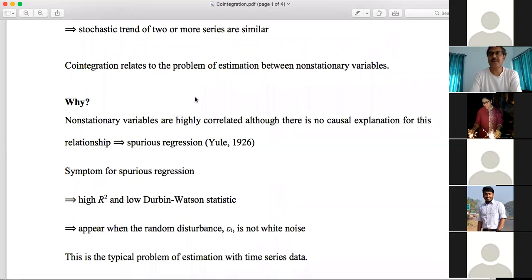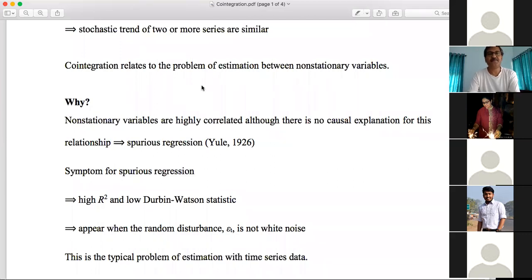If you have x1, x2, x3, x4, several time series, for example, and suppose you have taken the variables arbitrarily, and suppose in reality there is no reason x1 and x2 are related, but if we try to estimate the relationship between x1 and x2 with time series data by applying OLS, we get highly significant result.